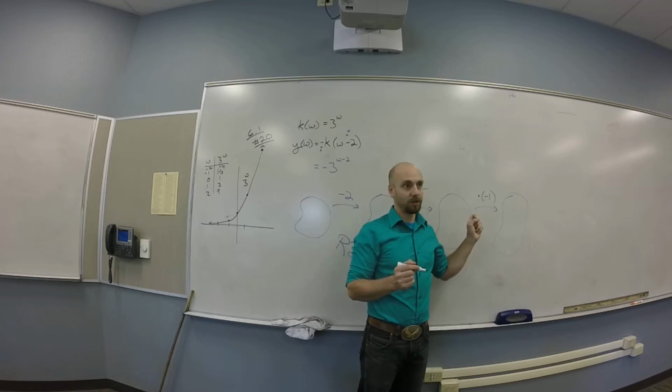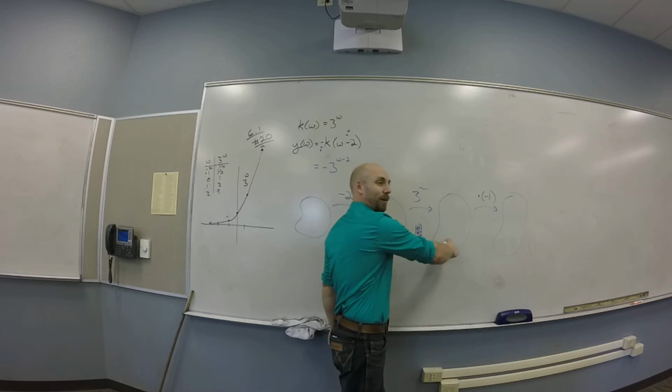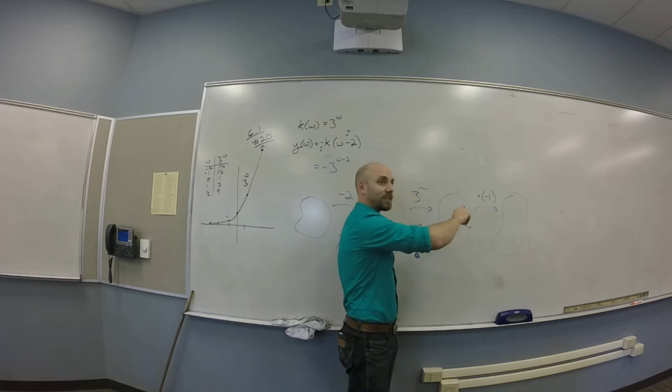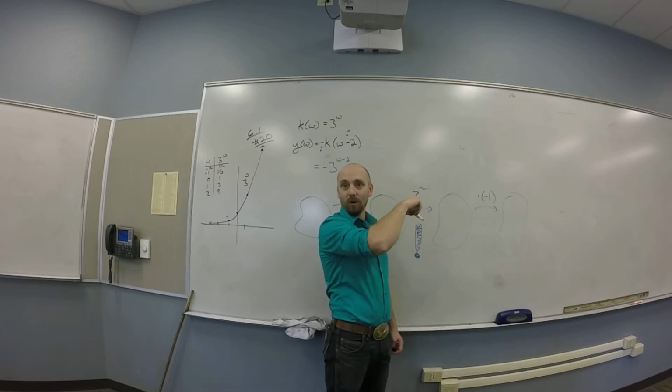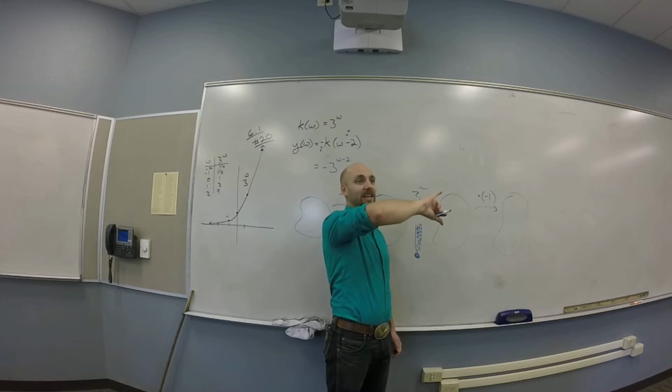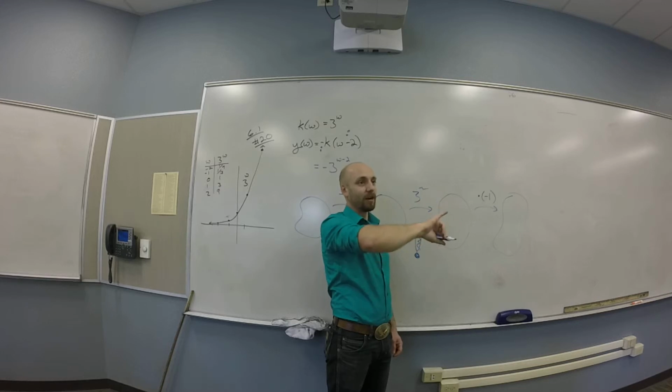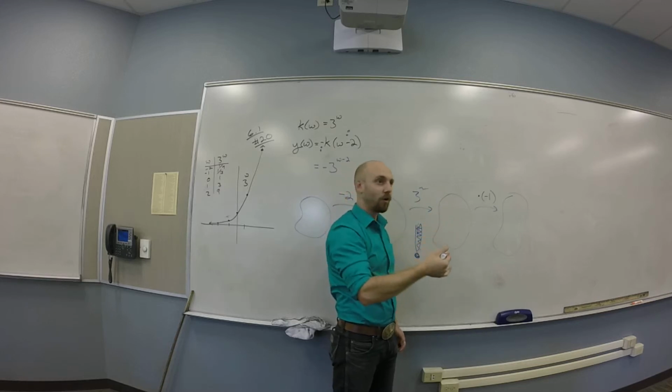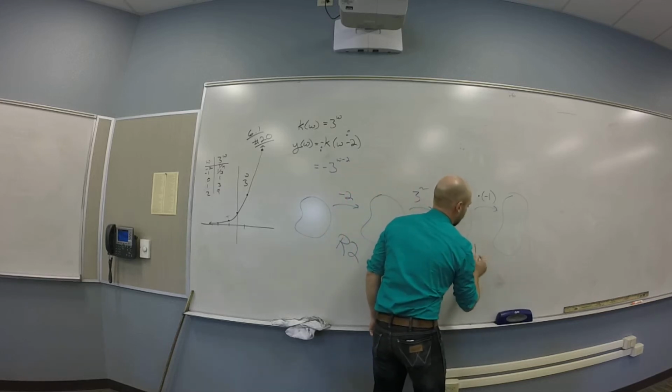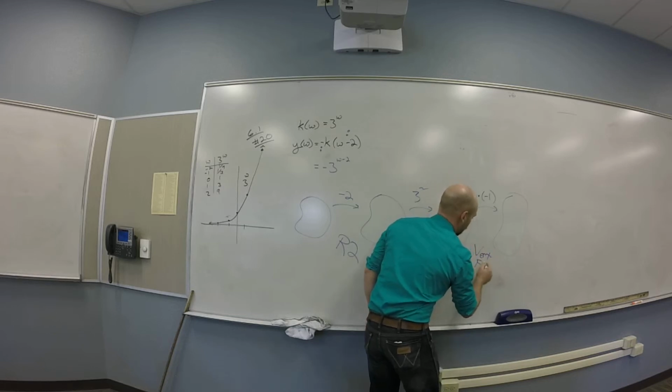Outputs, because it's happening right here to the outputs. So that's a thing that affects the y. It interchanges y for -y, so that's going to flip everything over the x-axis. That's a vertical flip.